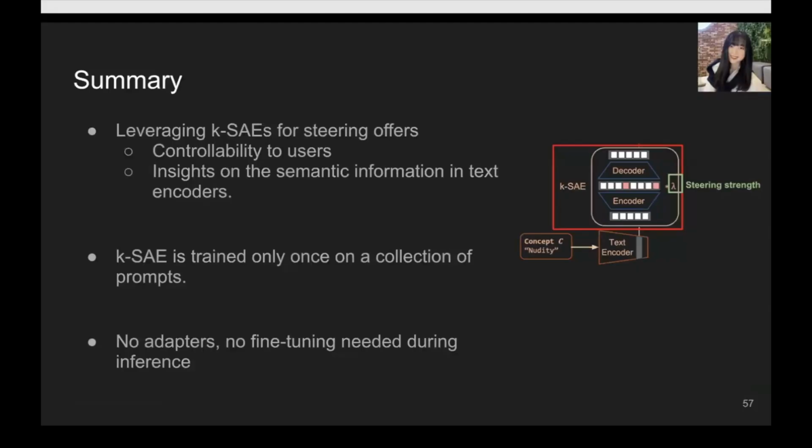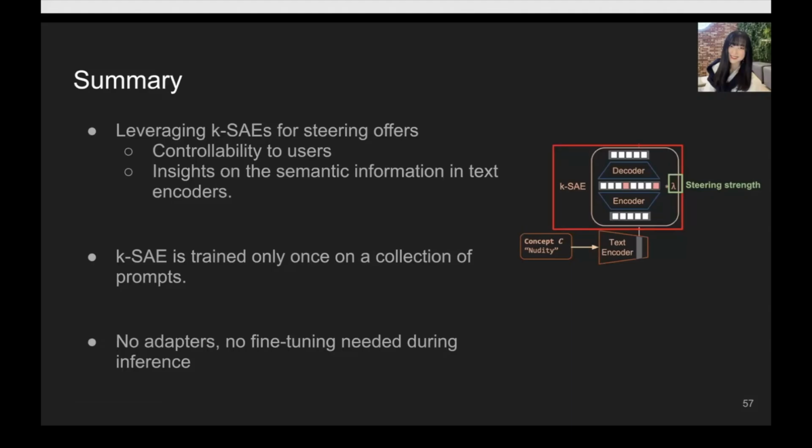So this was work led by Dahe, my student, and the nice property was that it gave us more insight into how semantic information is packed in the text encoders, and we were able to use it to nicely control the generations.